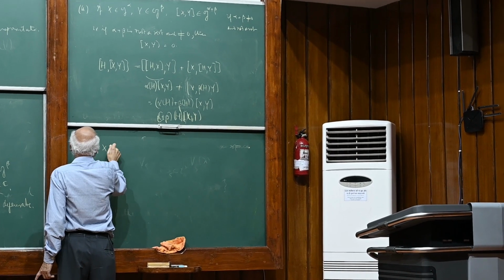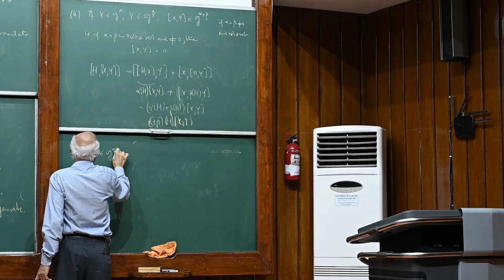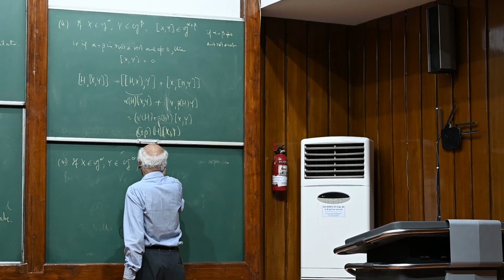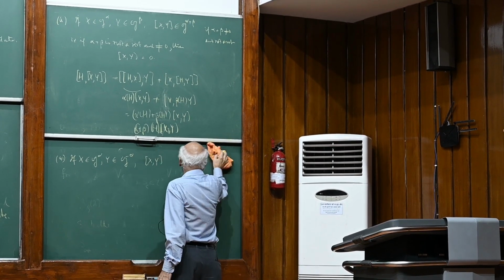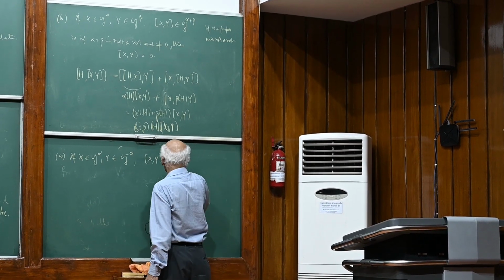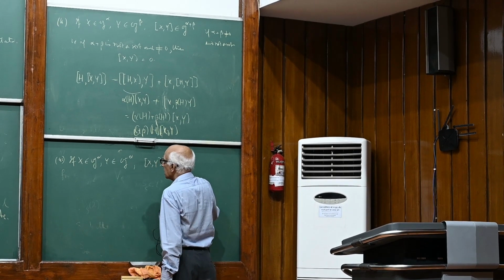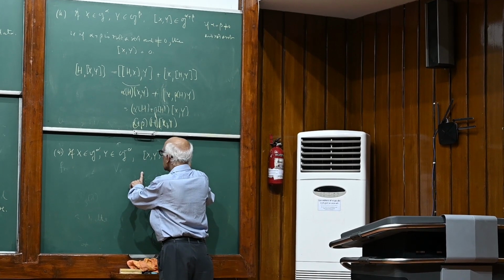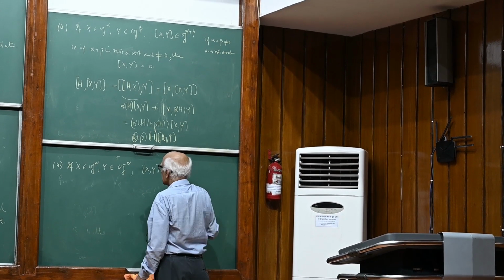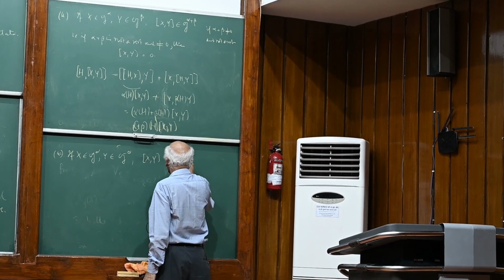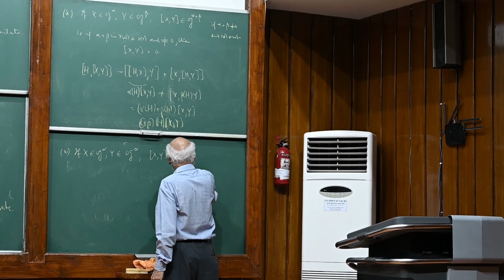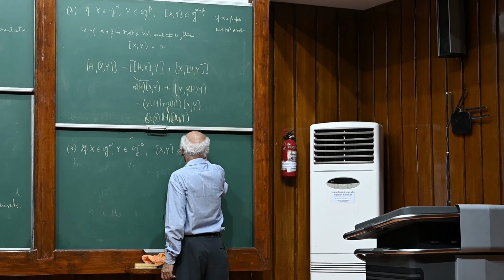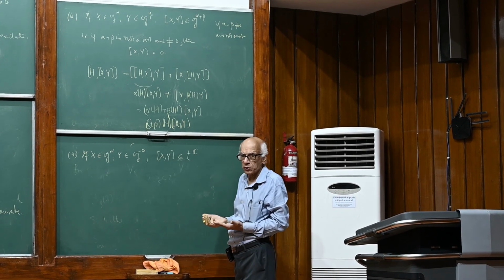If X is in G alpha and Y is in G minus alpha, you can bracket X, Y. This becomes an element in Tc, because it belongs to the eigenspace corresponding to 0, which is Tc.